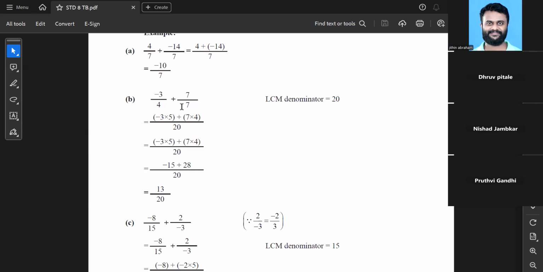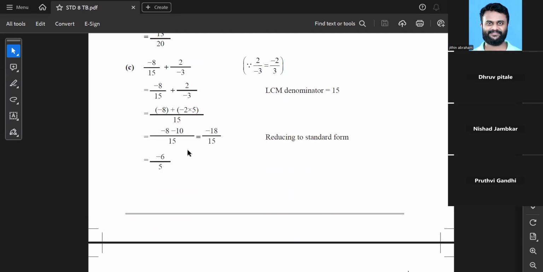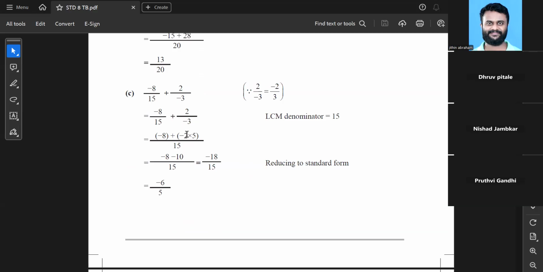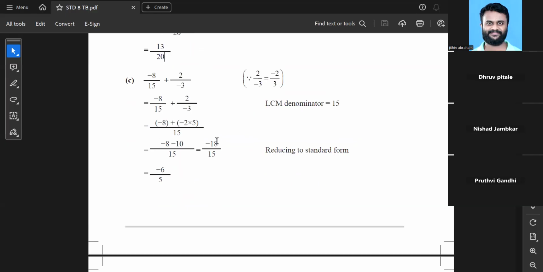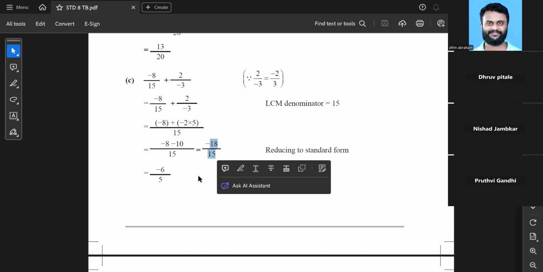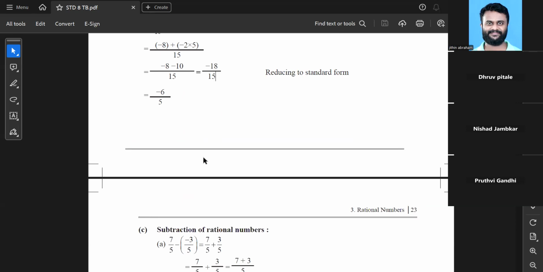If the denominators are different, you take the LCM, make sure there is a common denominator for both the numbers, and then you solve the numerator and get your fraction. In the end, if it is possible to reduce the fraction, you always try to reduce. In this case it is not possible to reduce the fraction, but in this case it is possible. 18 and 15 go by the table of 3.